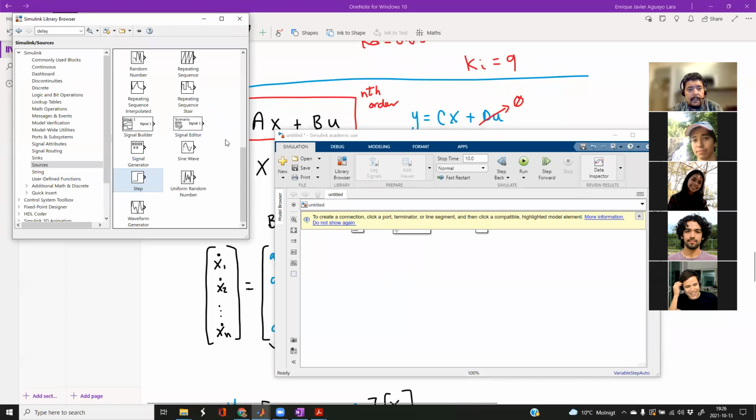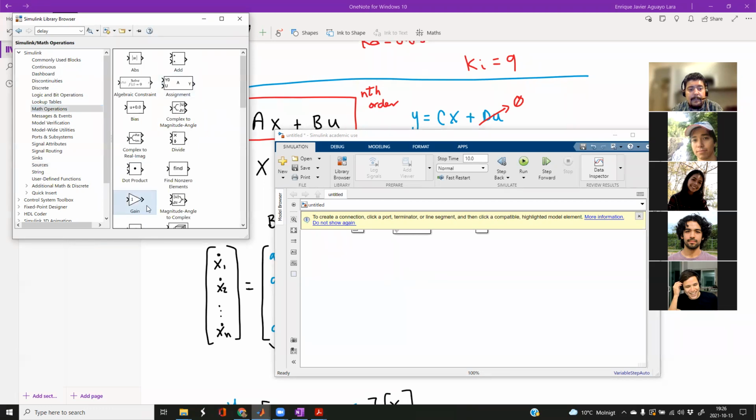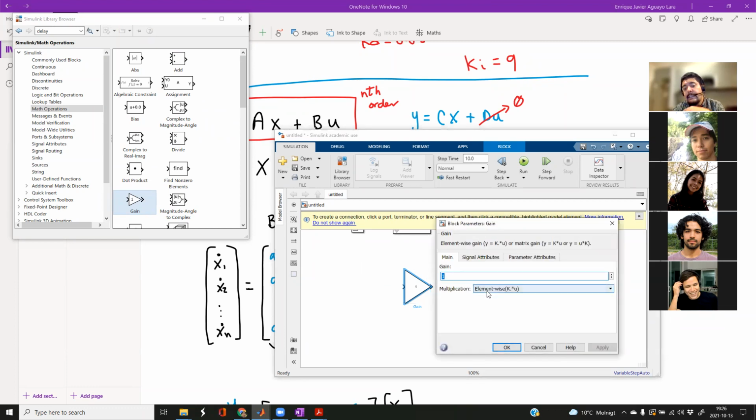So how do I make this? Of course, that is only a multiplication. So from math operations, I can bring a gain. Gains are used to do multiplications. I'll make this gain bigger, double click on it, and I will select, instead of element wise, the matrix option, k times u.